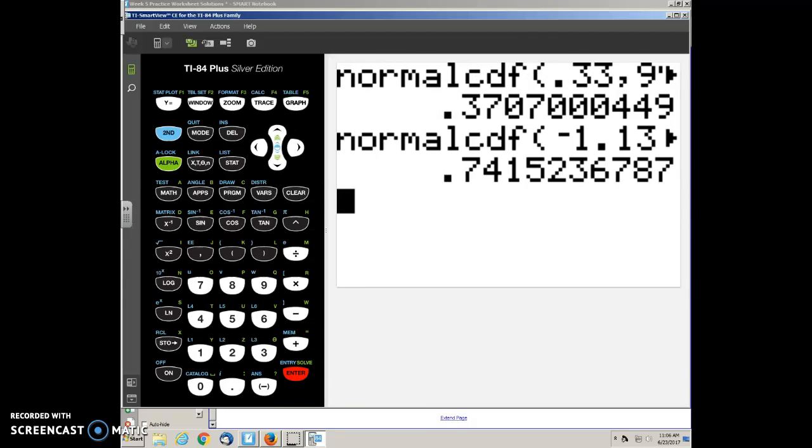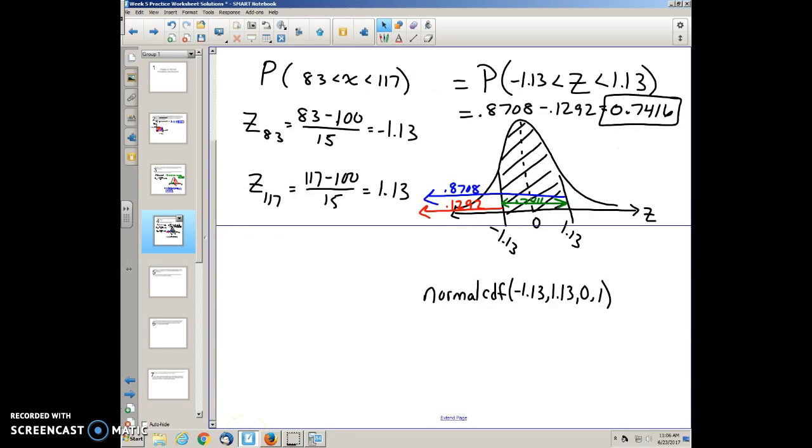Paste that. We get 0.7415. Get a slightly different answer. Either one of these would be fine. The table has values that are all rounded. This calculator does not use rounded values.